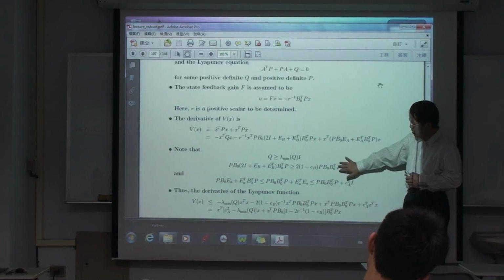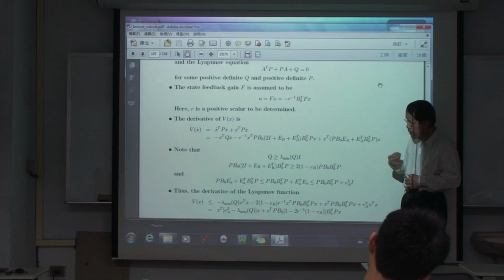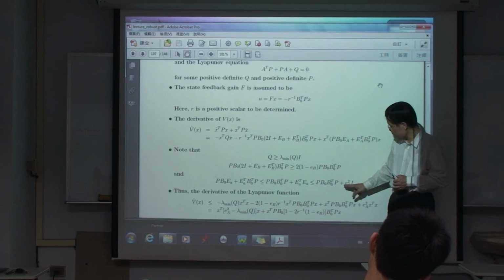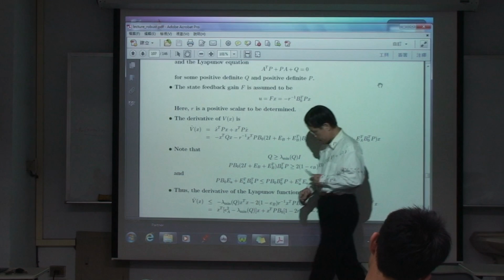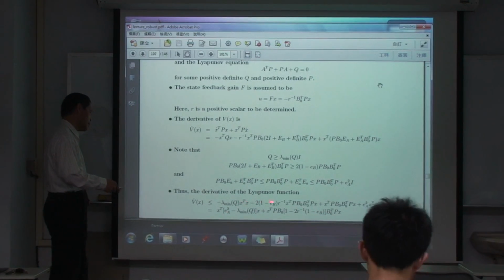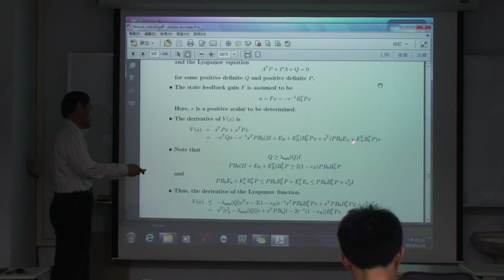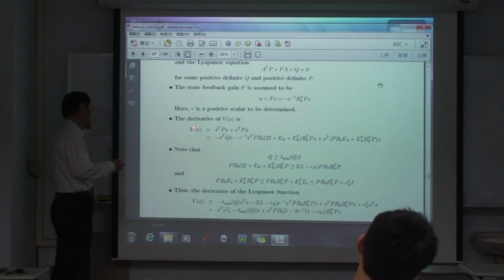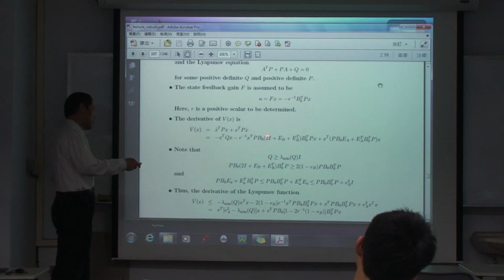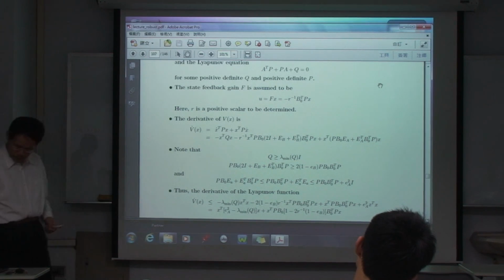So this bound can be evaluated; that's when you can compute this bound, because EA and EB are known to you. And with that, we end up with this kind of situation. So this is definitely a sufficient condition for that one. That means V(x) dot is less than this one, and suppose this is less than 0, then you can guarantee this one will be less than 0.